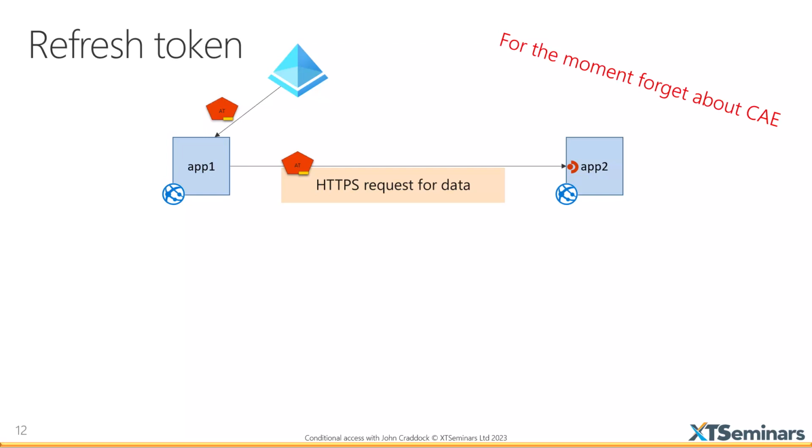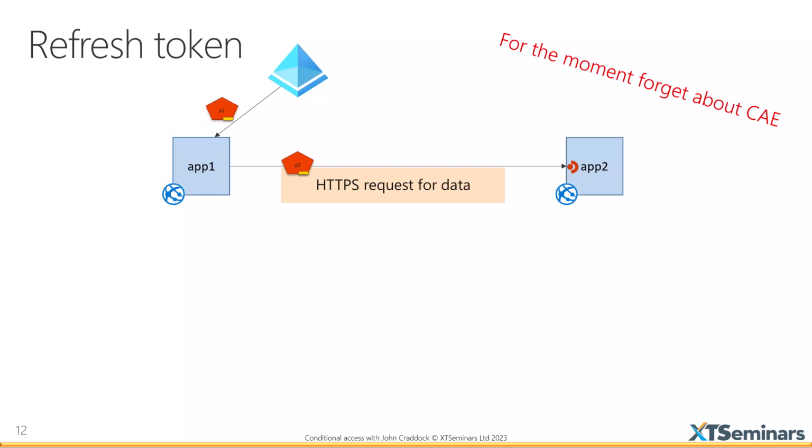If you know anything about continuous access evaluation, or CAE, I want you to forget about that for the moment. We have App 1, which has an access token which authorizes it to access a backend API with the identity of the user. Now, all these tokens have a finite lifetime.